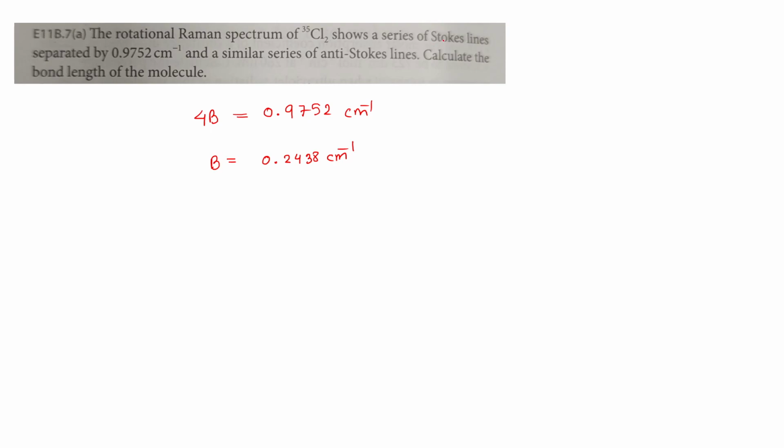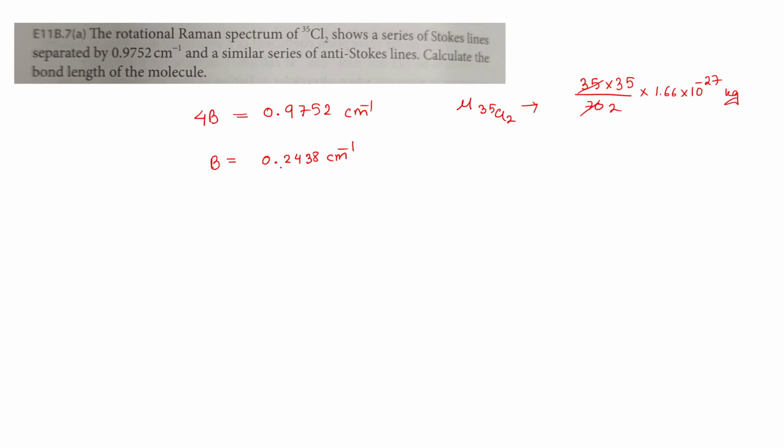And for 35Cl2 you can find the reduced mass, right? That is 35 into 35 by 70, that is 35 by 2, into 1.66 into 10 to the power minus 27 kg.